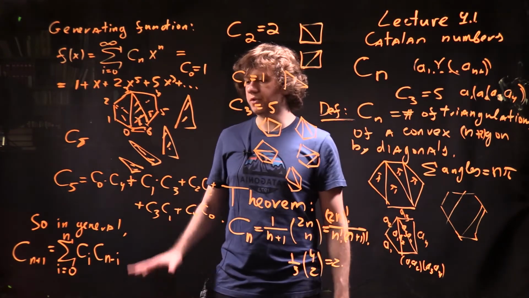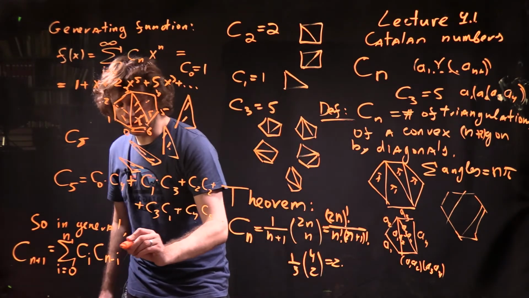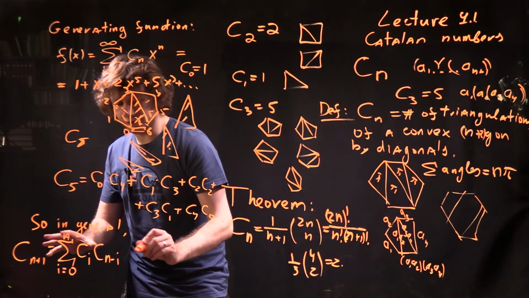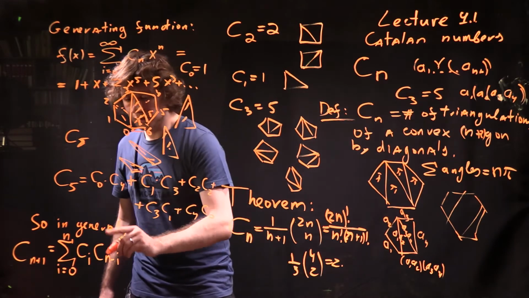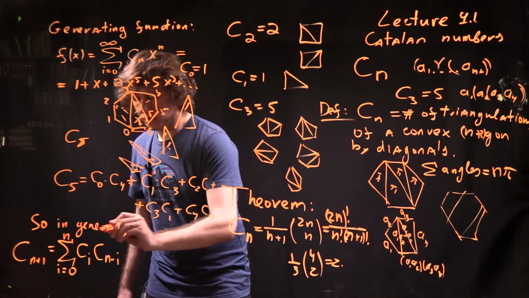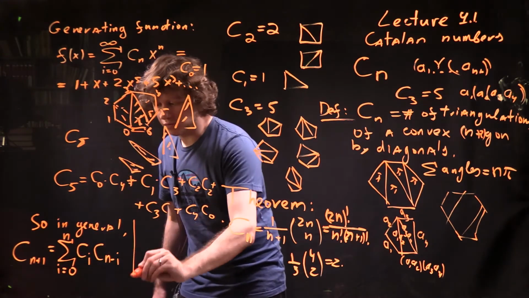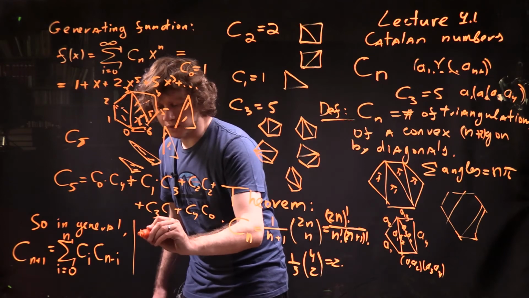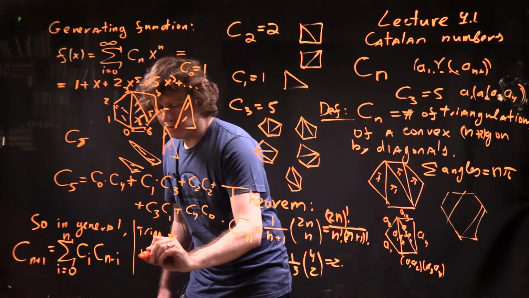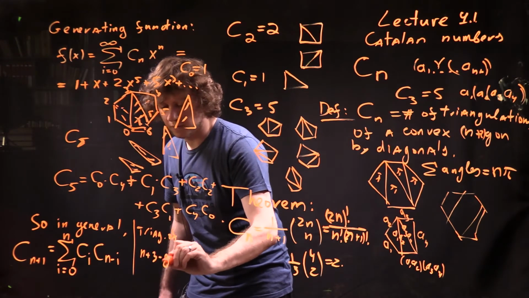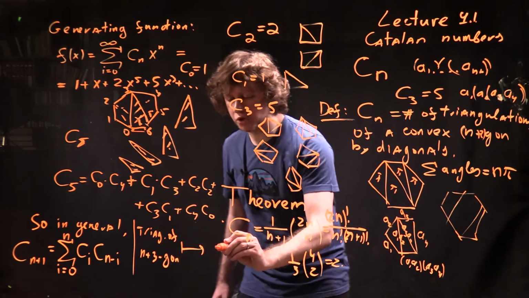And again, the formal proof will be, so the formal bijection is as follows. We take a triangulation. So this one is a triangulation of an n plus 3 gon, and we send the triangulation of the n plus 3 gon to a triple.